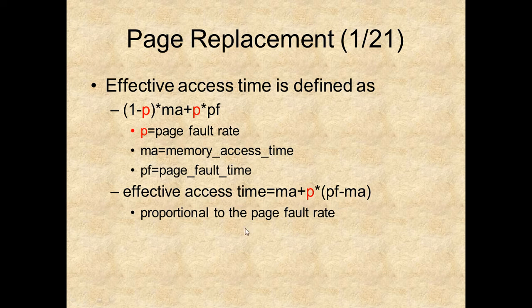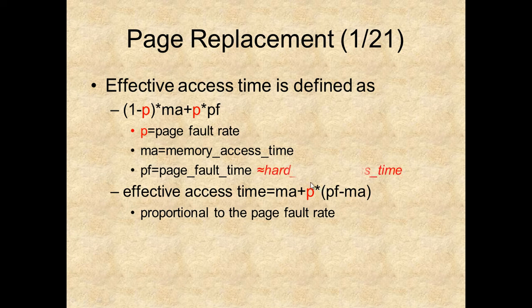The higher the page fault rate, the longer it takes to access the memory. So under page replacement, we're looking for a good way to lower p as much as possible, since lowering p gives a lower effective memory access time.